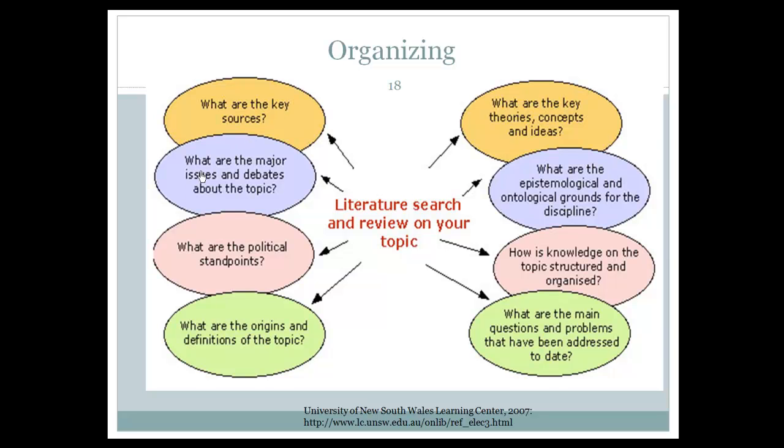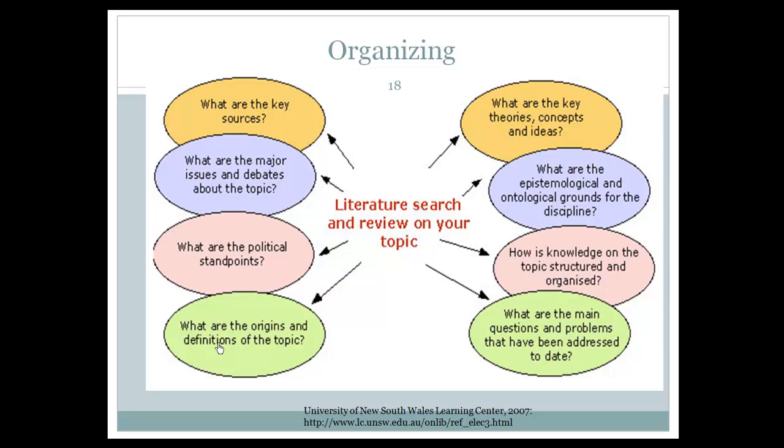Then you can have a group where you have a couple of bullet points and say, what are the major issues and debates about the topic? If you have a policy issue, you could summarize whether there are political standpoints where people differ on a policy question. If it's not really a political kind of thing, then don't worry about it so much.